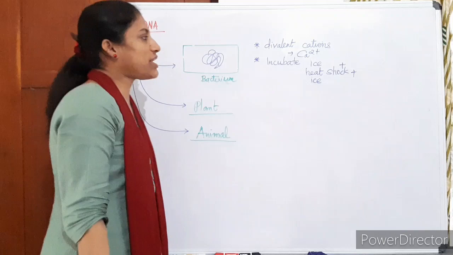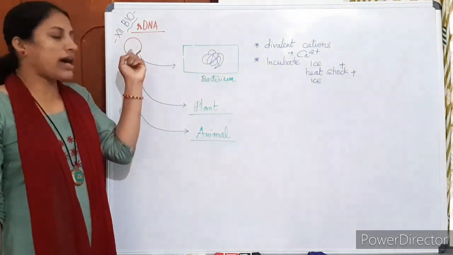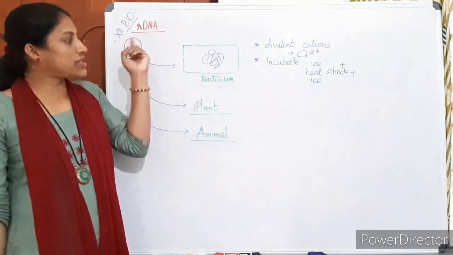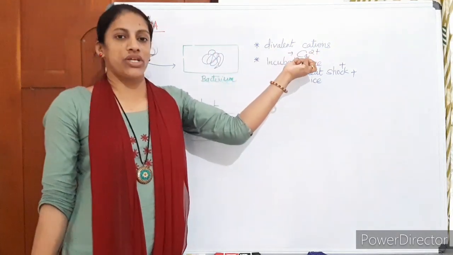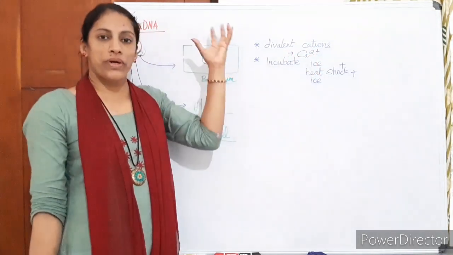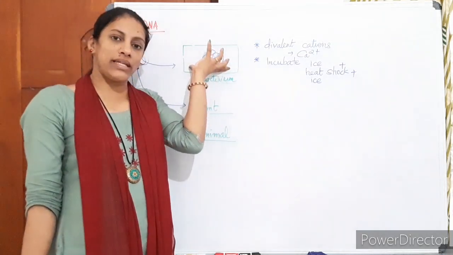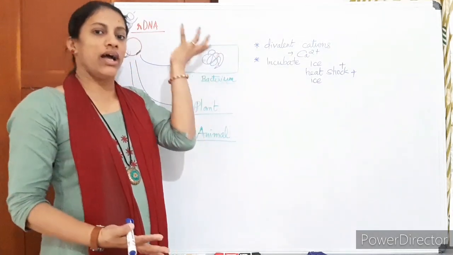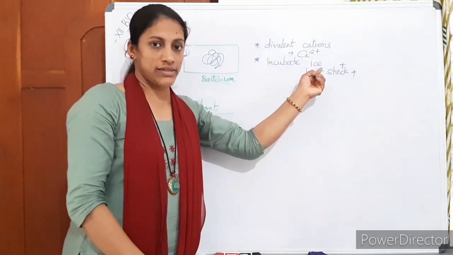So once again, for the bacterium to accept this rDNA, first we treat the bacterial cell with divalent cations like calcium 2+ ions. This makes the membrane more permeable. Secondly, we incubate the bacterial cells along with the rDNA in ice.